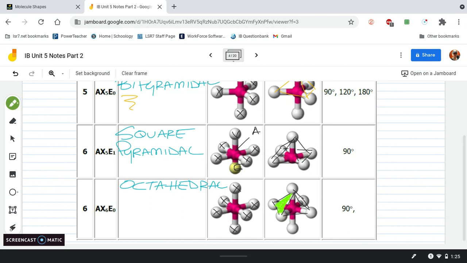So there's 1, and then there'd be a 1 on the opposite side, right? 2, and then you have 1 here, 3, and then 1 behind that one, 4. So there'd be 4 on the top and 4 on the bottom. That's where you get that idea of the octahedral, because it has these 4 sides on top, 4 sides on bottom. It'd be nice if it was an easier thing to remember, but there we go.